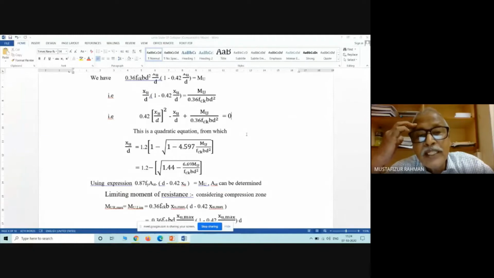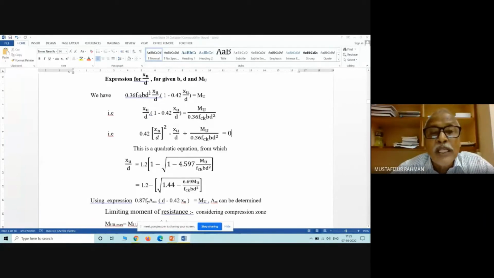Now see, ultimately what happened is xu by d (1 minus 0.42 xu by d) is equal to Mu divided by 0.36 fck b d squared. That means you divide both the left and right sides by this part, so this part goes from the left side and comes on the right side.